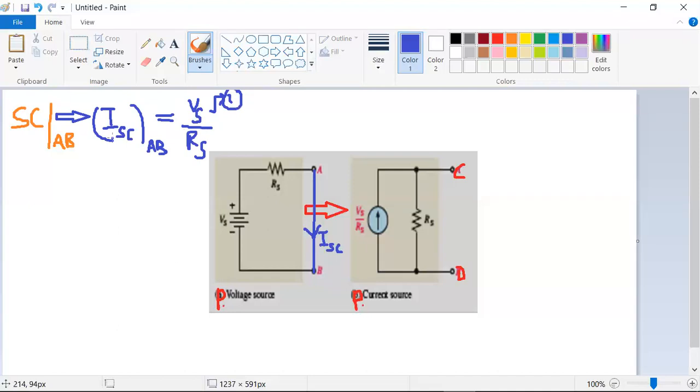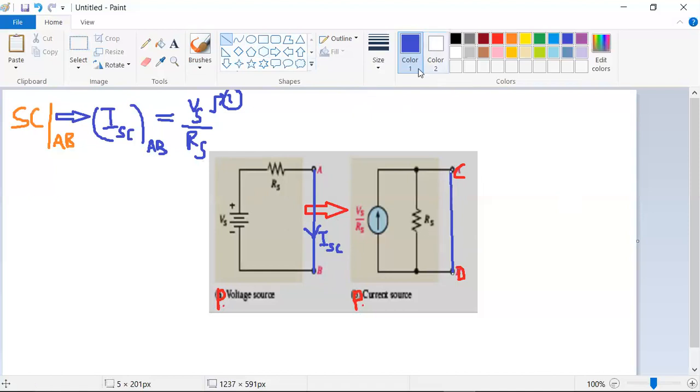So while I am short circuiting across the A and B terminals, the current flowing through the A and B terminals is ISC of A and B. Now, similarly, consider the short circuit current of the current source with terminals C and D. Let me short circuit across the C and D terminals also by taking a thick wire.